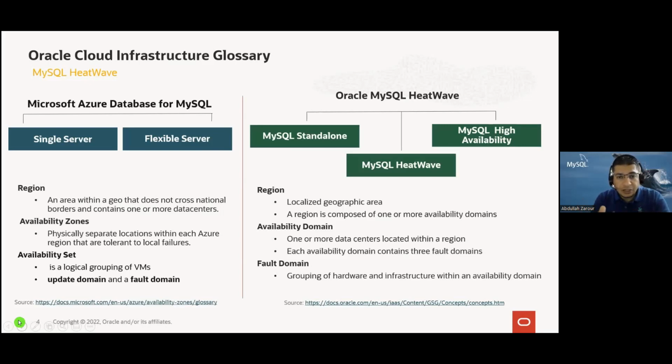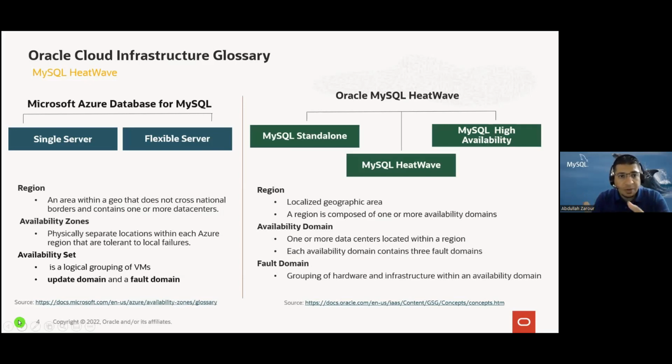Now, in general, when you look in Azure, you have a region. In OCI, you have the same concept. What you call an availability zone in Azure, we call an availability domain. So in OCI, you have a region, and this region might be a local data center or local location.